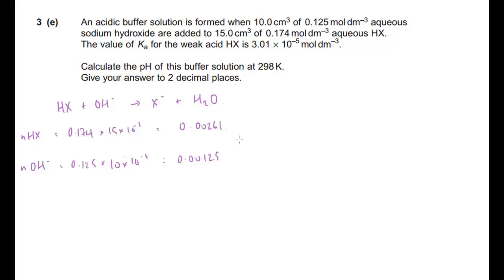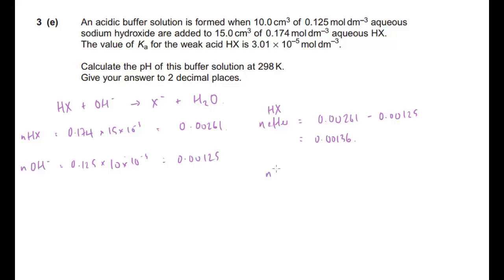Because this is in excess, all of the hydroxide will react, and therefore moles after are going to be 0.00261 minus 0.00125, which of course equals 0.00136. That's moles of HX after.